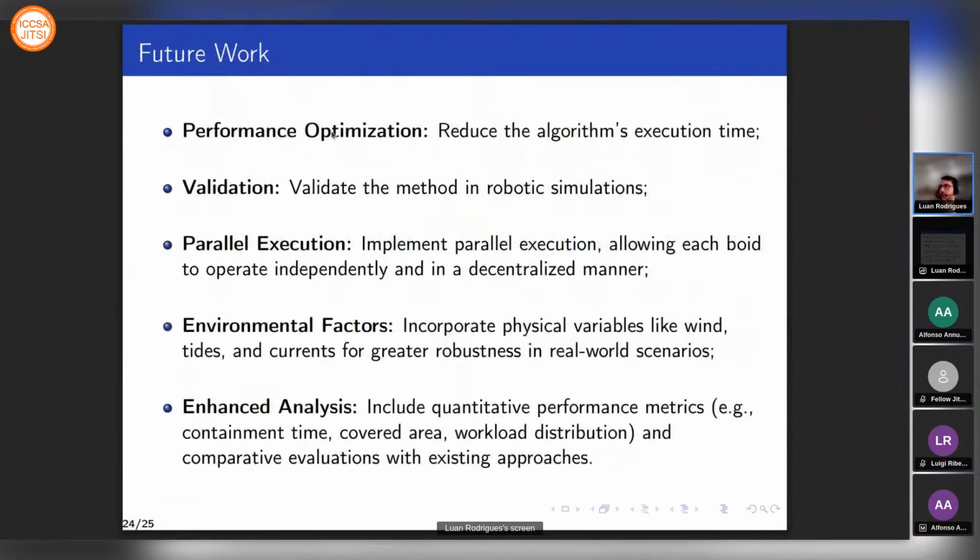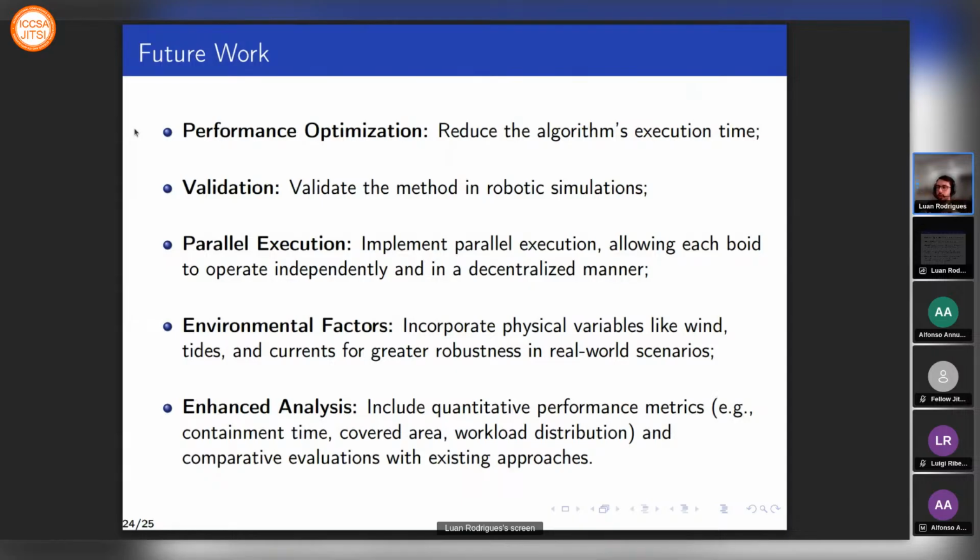Some future works: we can perform optimization of the algorithm to reduce the algorithm execution time, validation with different methods in robotic simulations, parallel execution in some robotic simulators like Gazebo, and also adding environmental factors to apply different forces to the bots.